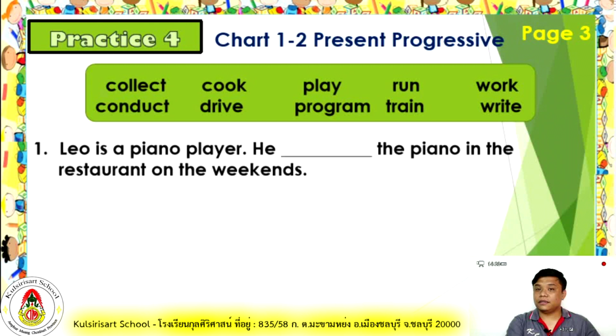He play or playing the piano in the restaurant on the weekends. This is a regular basis. So if it's in regular basis, we will use the simple present form of the verb. So we will answer like he plays the piano instead of he playing the piano.